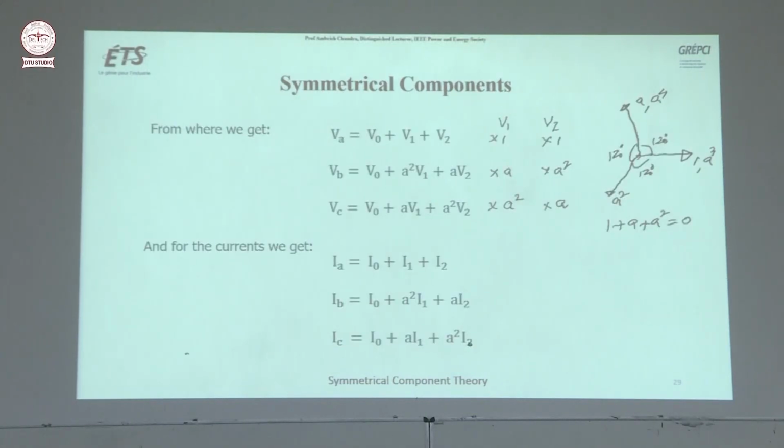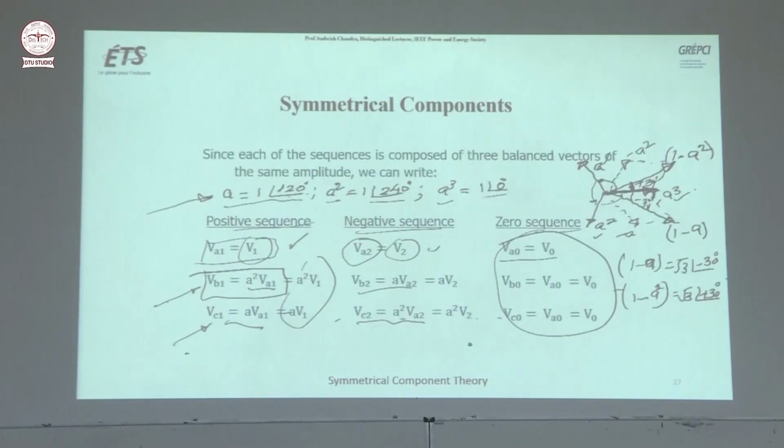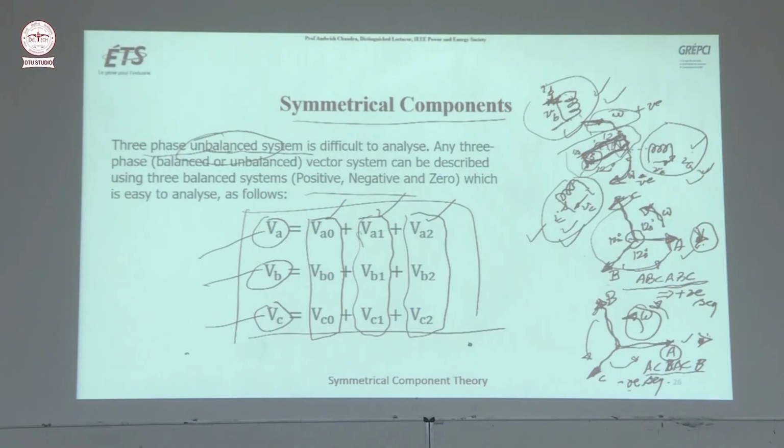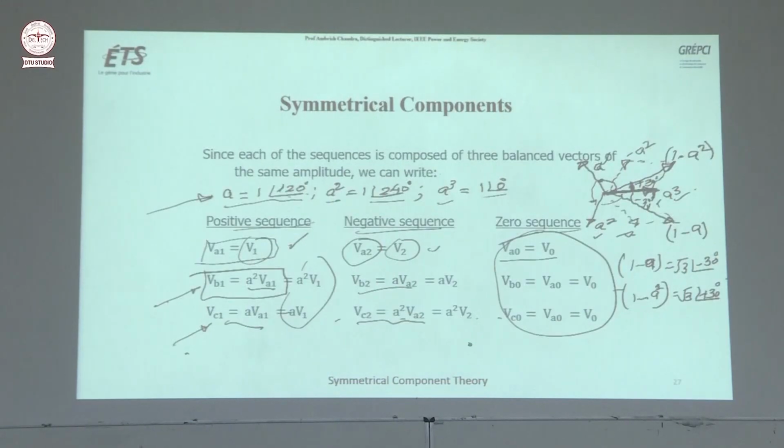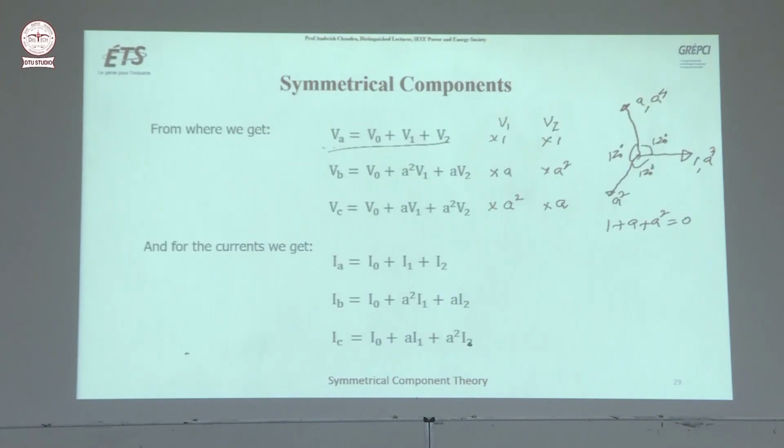So now if we write these equations which we have seen earlier, VA1 equal to this one. You can write these equations using the original equations by putting the values of VB1, VC1, VB2, VC2, like those things. Now if you have to calculate V0, you just take the sum of this.